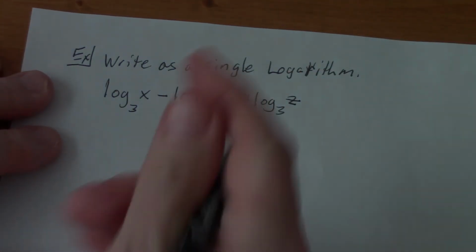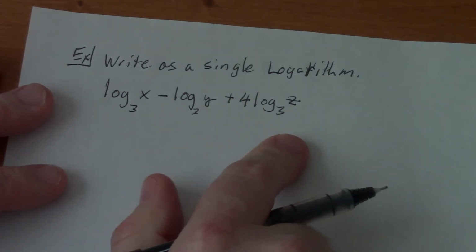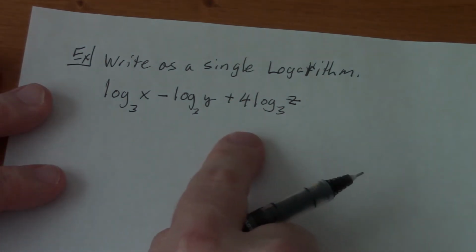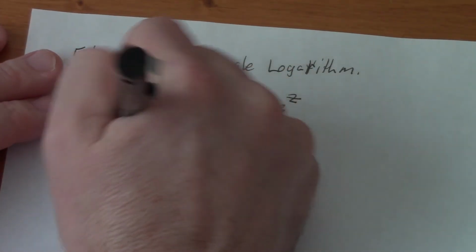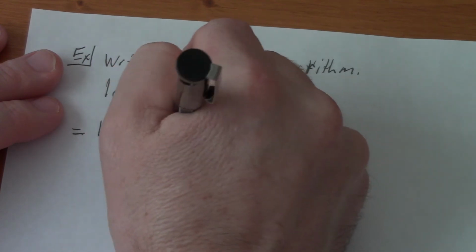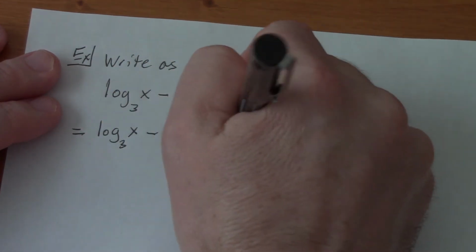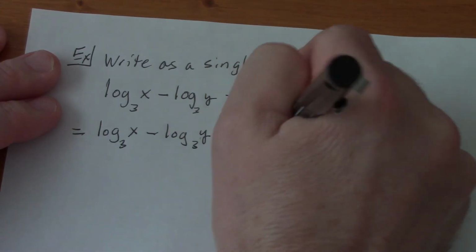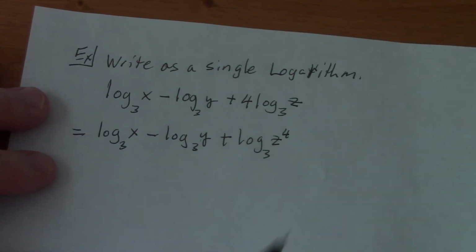We're going to use property 2 in reverse. We know that r log base a of x is log base a of x to the r. So this is going to be log base 3 of x minus log base 3 of y plus log base 3 of z to the fourth. You need to get the coefficients raised to powers first.